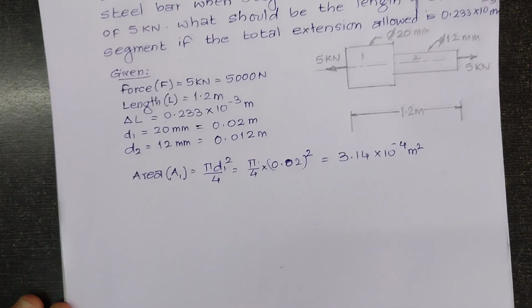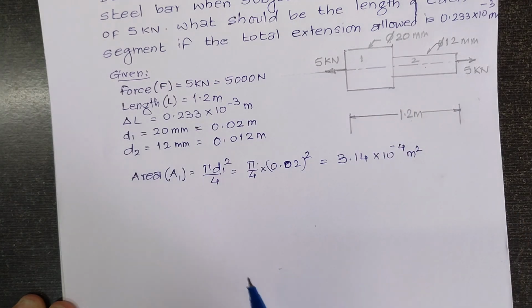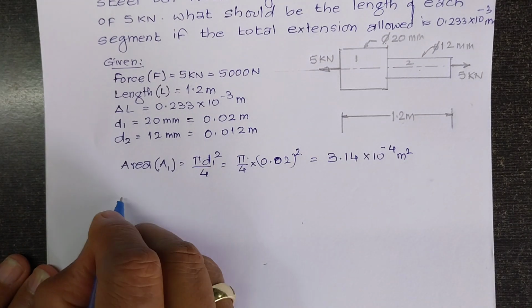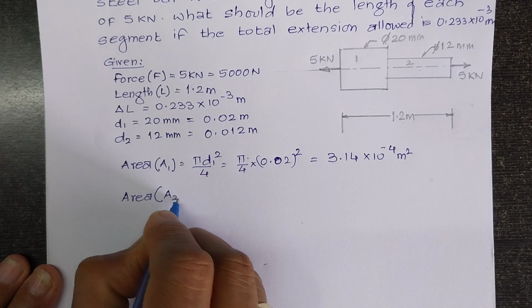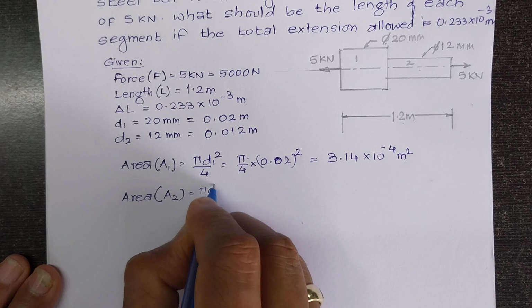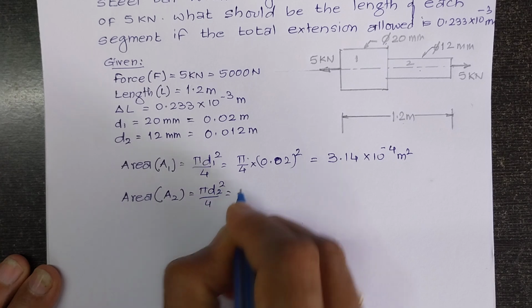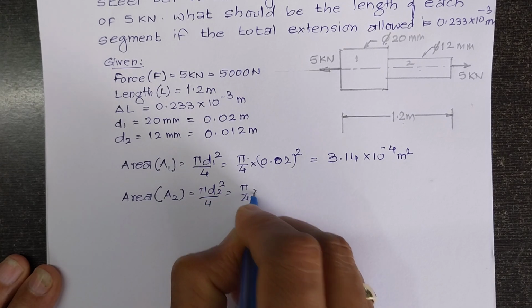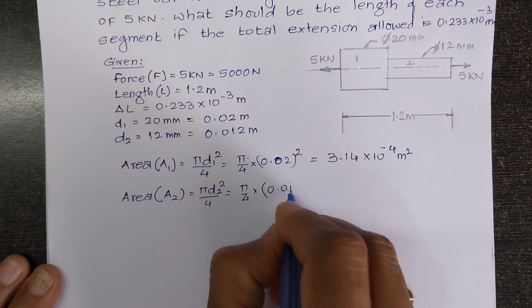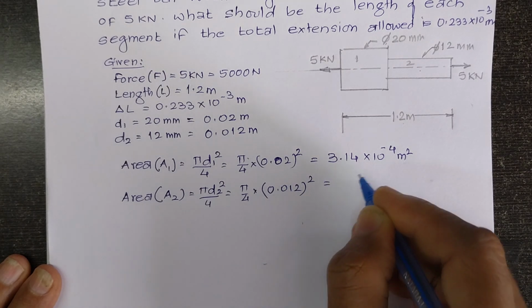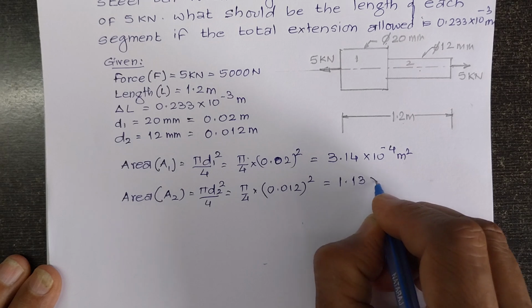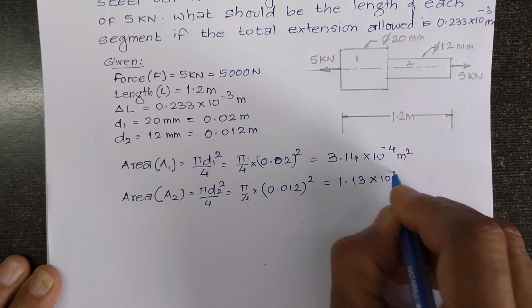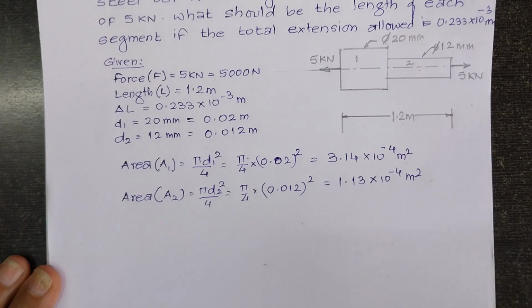Similarly, for the second segment, we have area A2, again pi d2 square by 4, and that is pi by 4 multiplied by 0.012 squared, which will give us an area value of 1.13 into 10 raised to minus 4 meter square.